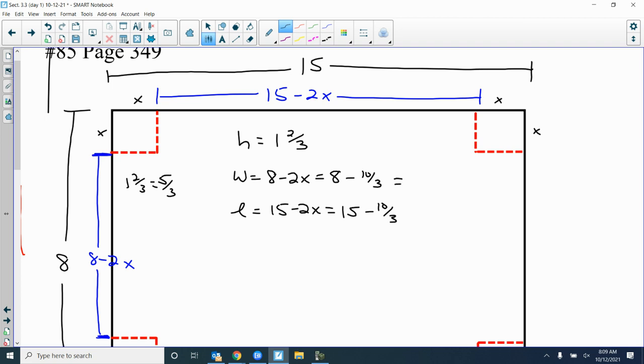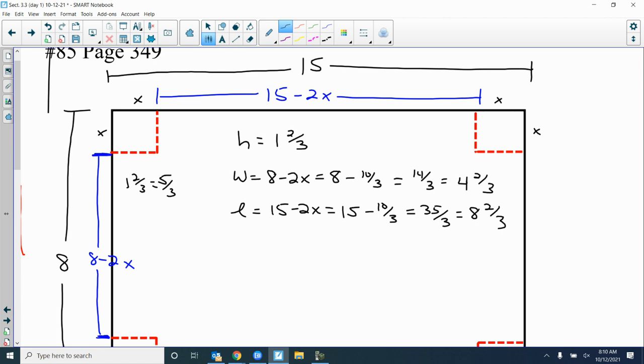So 8 would be 14/3, which is 4 2/3. And then 15 minus 10/3 is 35/3, which would be 8 2/3.